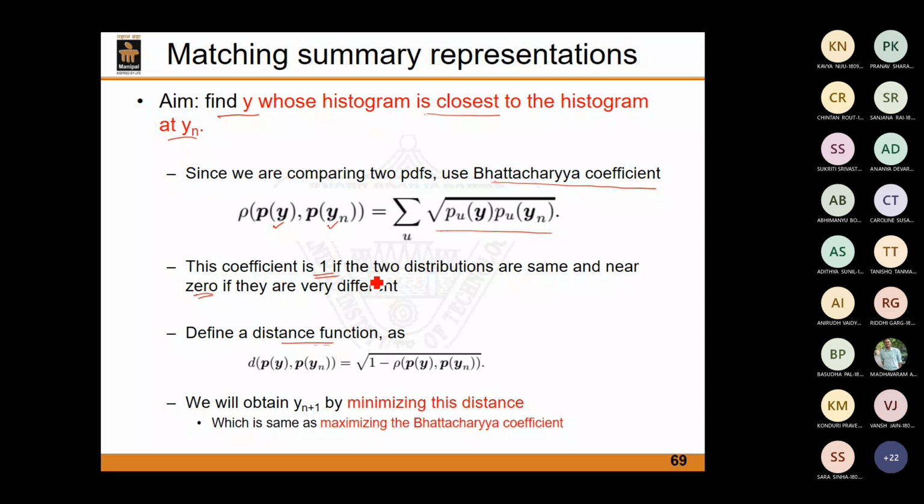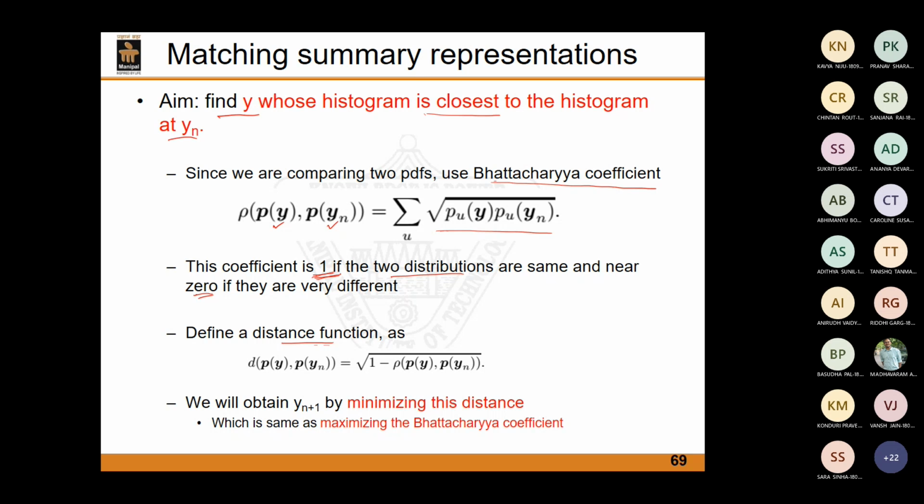So this particular problem boils down to needing to maximize the Bhattacharya coefficient, in order to find the value of y for which the two histograms are similar. By maximizing the coefficient, we are trying to see for what value of y the Bhattacharya coefficient will give me the maximum value, because that means the corresponding histograms would be similar. So it can be formulated as a maximization problem.